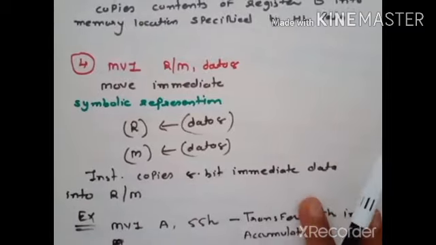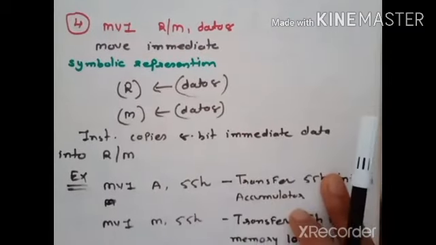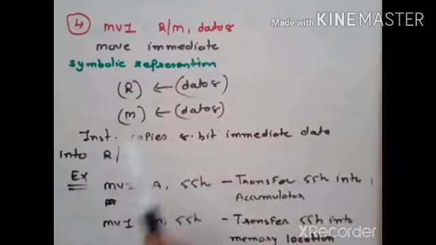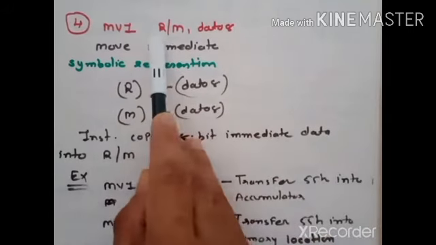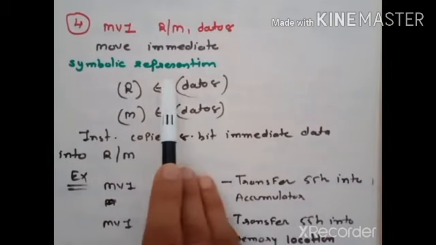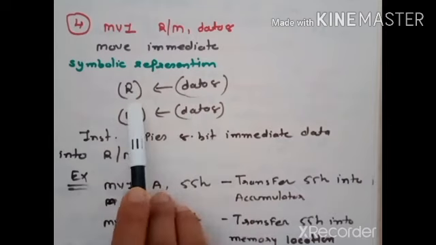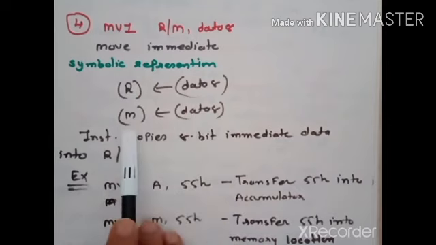Then the next instruction is MVI. MVI data 8 R/M, that means move immediately. Symbolic representation: the content of data 8 is transferred to register R, or data 8 is transferred to M, that means memory.